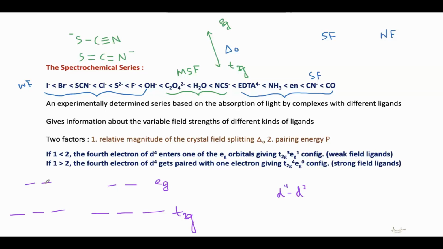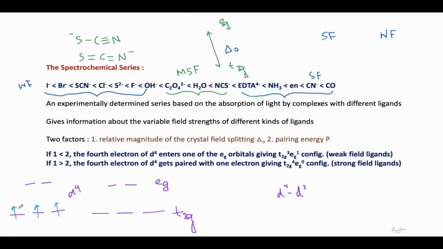Now let us assume a specific case of a d4 ion and see how the electrons will be occupying the levels. Two possible scenarios will occur of electronic distribution. In the first case, we will first fill the electrons according to Hund's rule 1, 2, and 3. But when the fourth electron goes, that will generate two different possibilities.